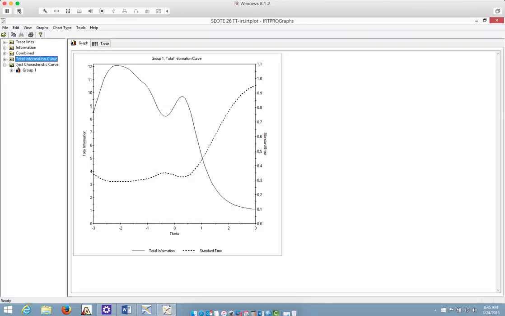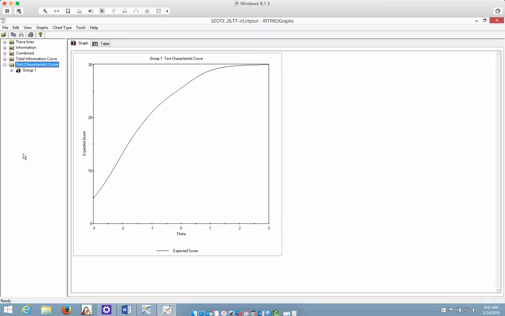And then for our test characteristic curve, what this curve provides is a way to calculate an expected score based on someone's theta or ability. In this case, it's how well they agree with all 6 statements that make up the time on task factor.